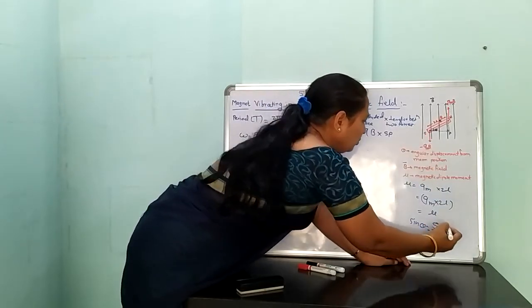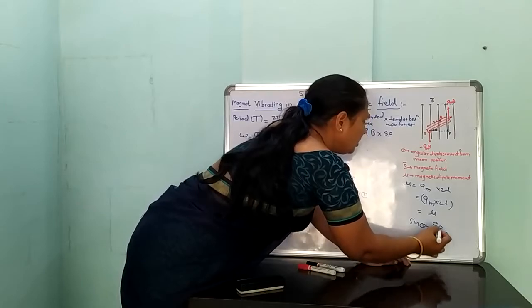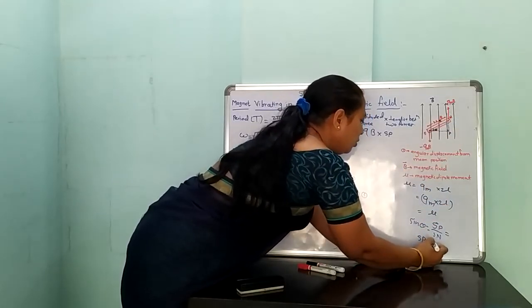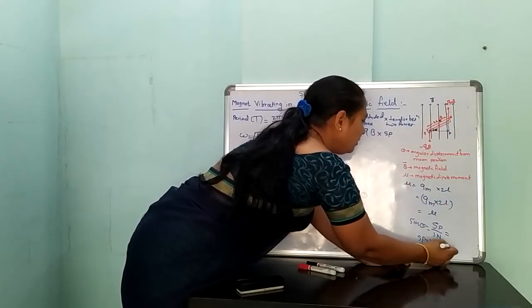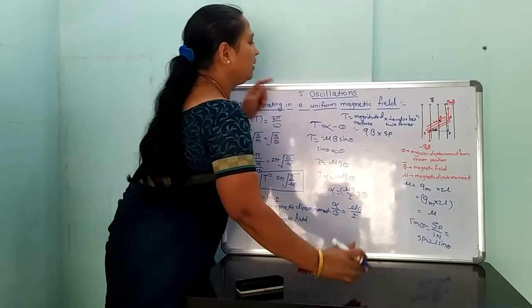So SP is equal to SN sin theta. SN is twice L, so SP is equal to twice L sin theta.